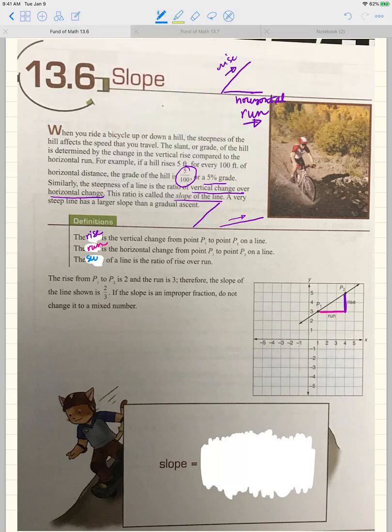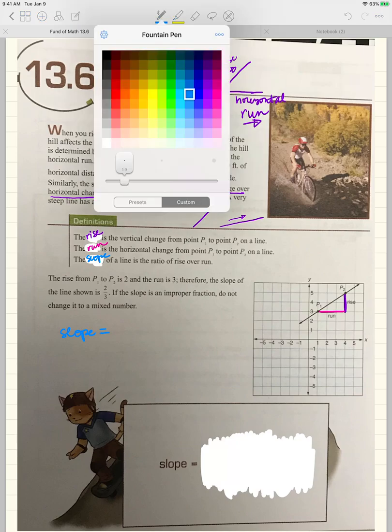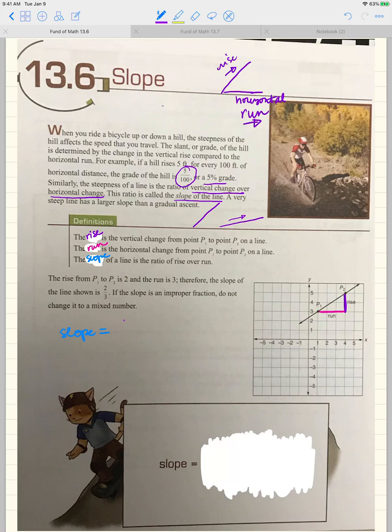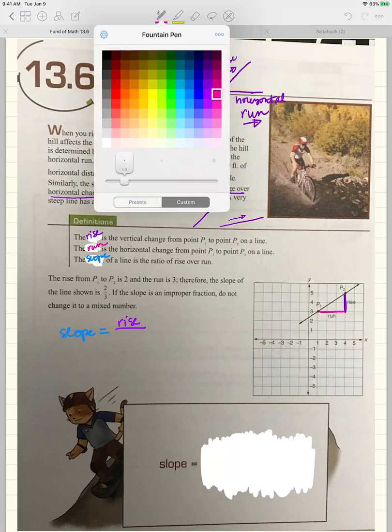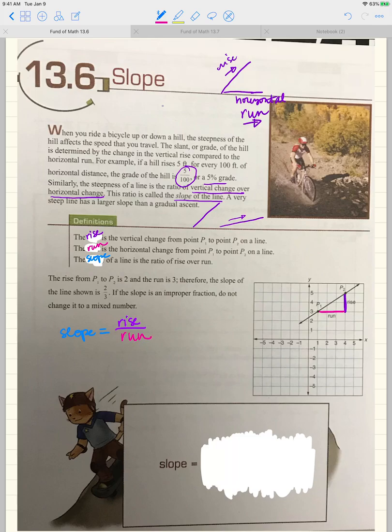And the slope of a line is the ratio of rise over run. So slope is equal to rise over run. Okay? The rise from point P1 to P2 is 2 because it goes up 2 units.